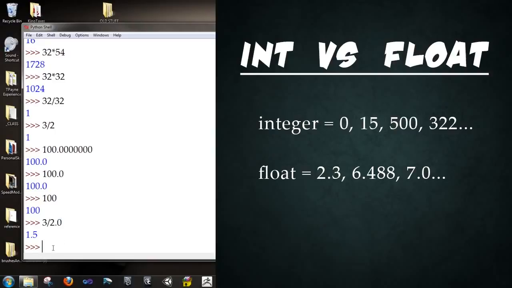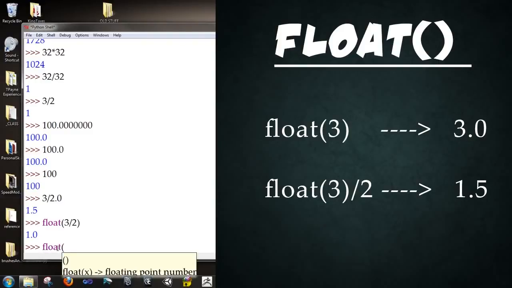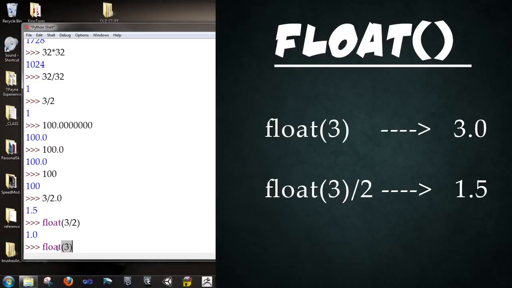Another way you can do that is we can actually punch in an explicit conversion of integers to floats. And the way you do that is you type float, parentheses, 3, close parentheses, divided by 2. And now it'll convert one of those values.